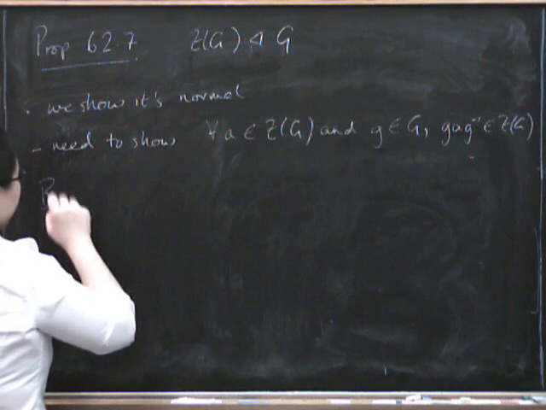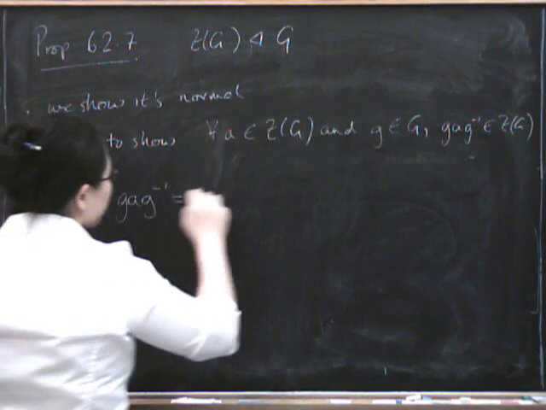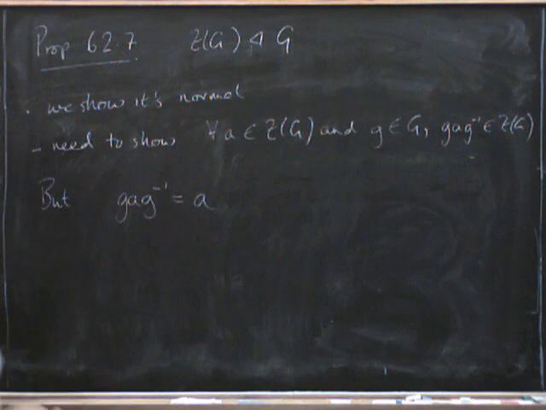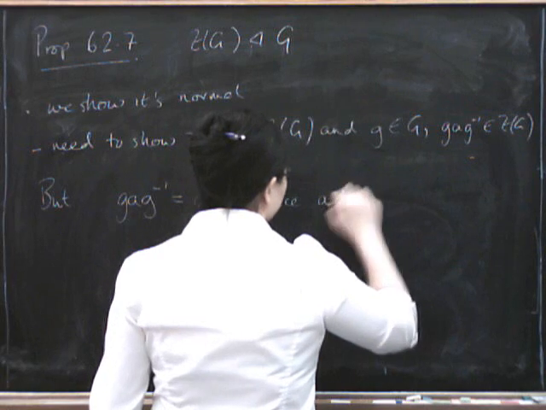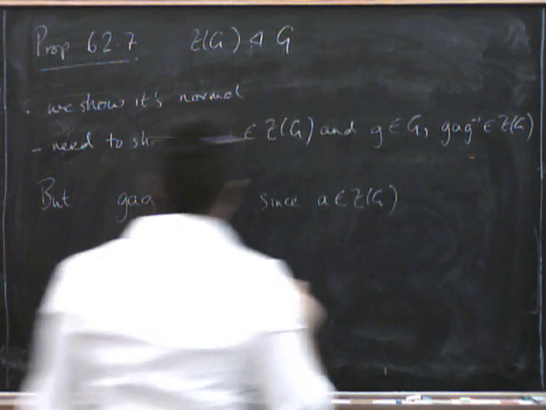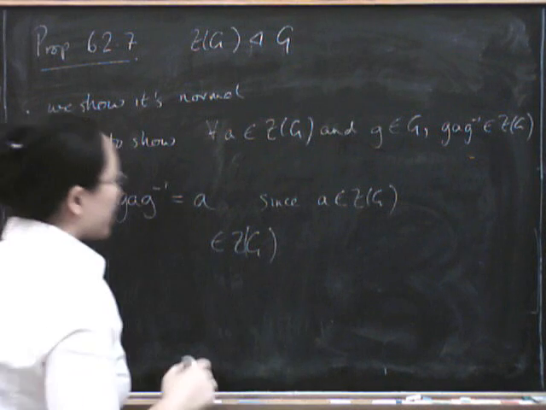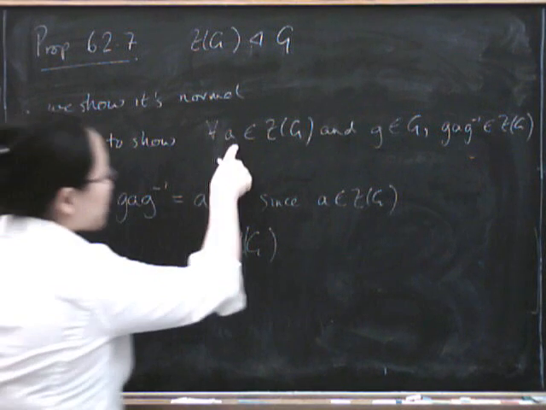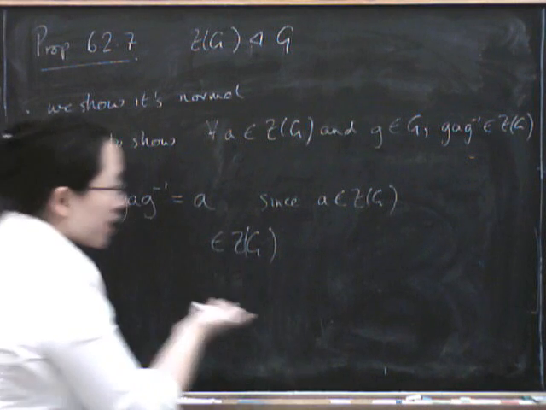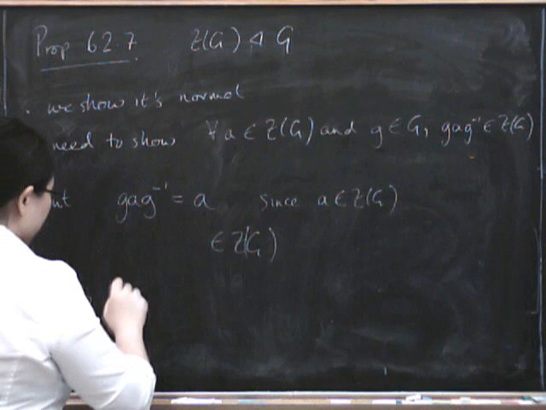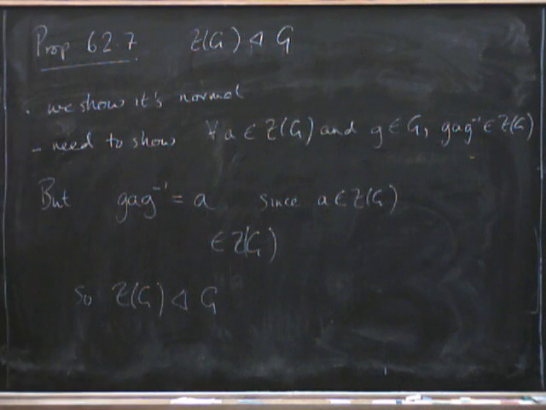But this is just obviously true because gag^-1 equals a, because a is in the center. That's exactly what it means to be in the center. And a certainly is in there. So we have shown that if you take any element of the center and conjugate it, you stay in the same place, so you certainly stay in the center. So indeed, the center is a normal subgroup of G.